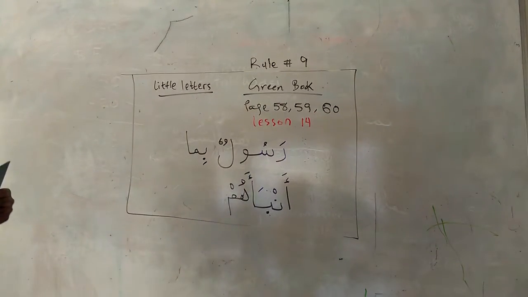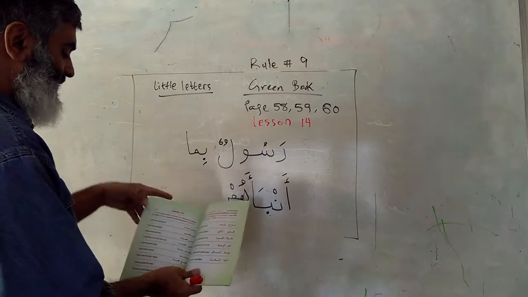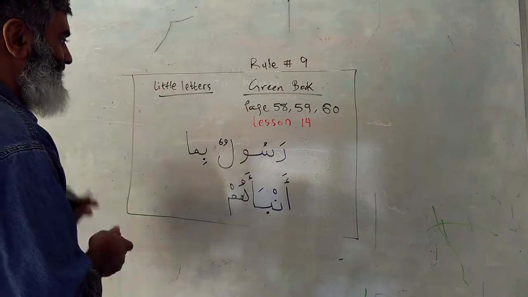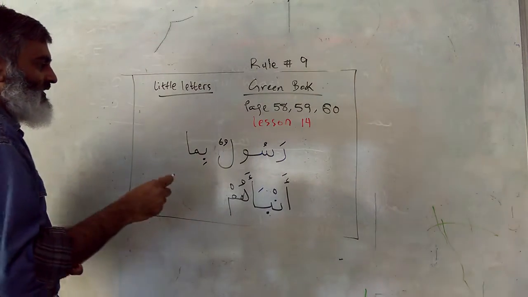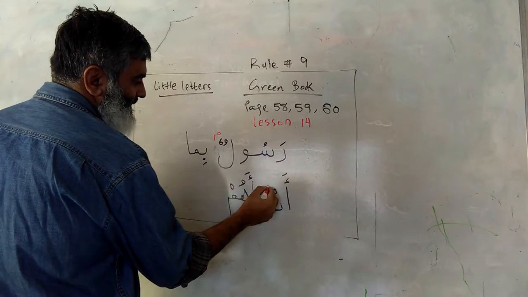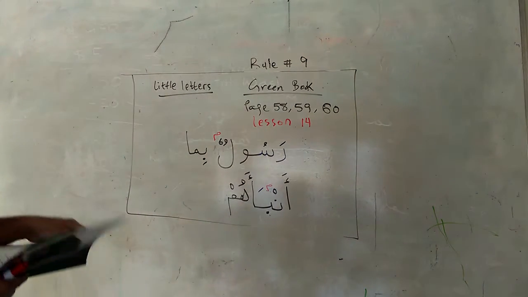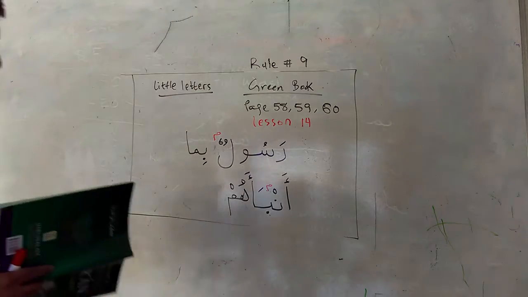Please note that in each of these words, if you go by the rule on this page, page number 58 on lesson 14, you will notice a little meme shown on the letter with tanween or letter with noon.